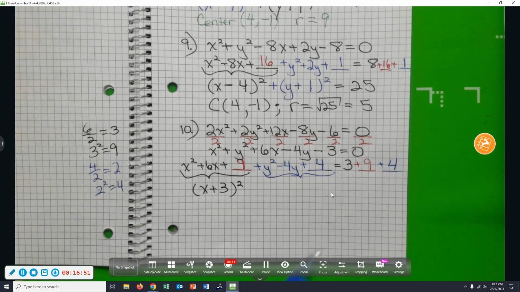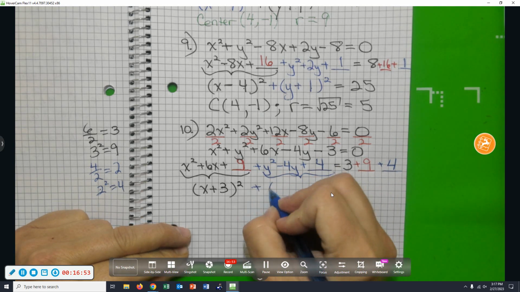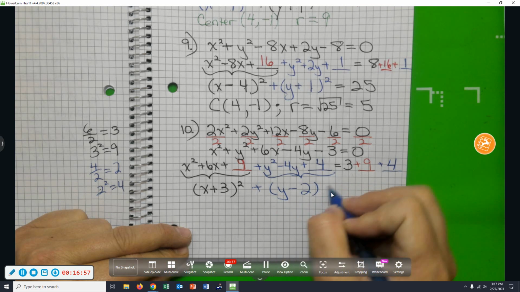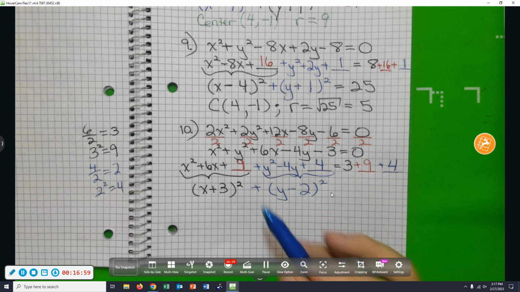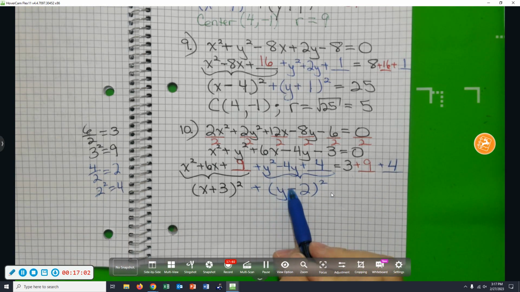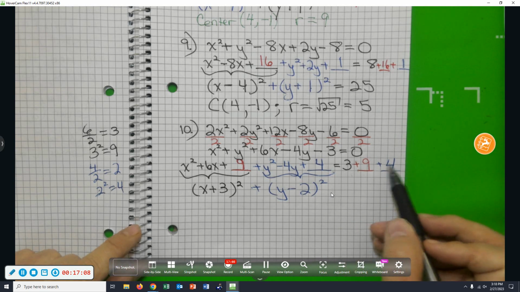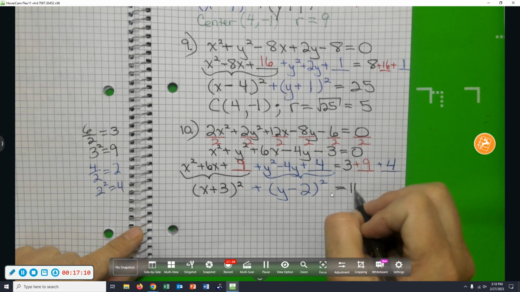What about the y terms? Y, minus 2. Variable, sign, half of that number. What have we got on the right? That's a 12 plus 4, so 16.